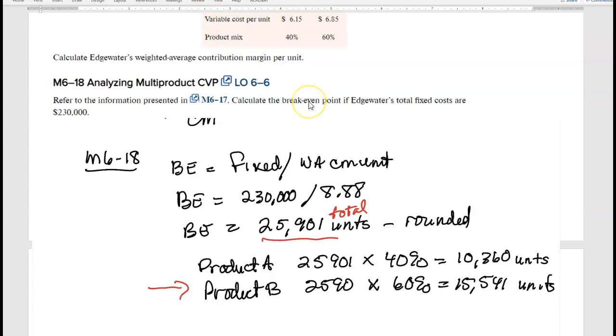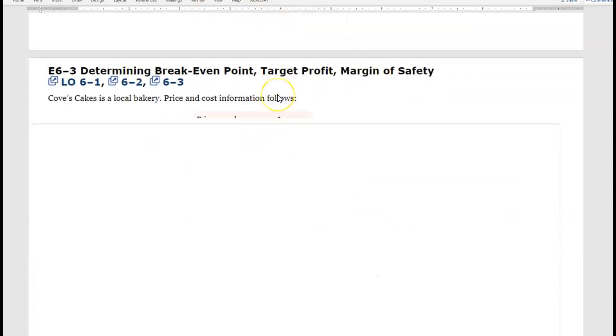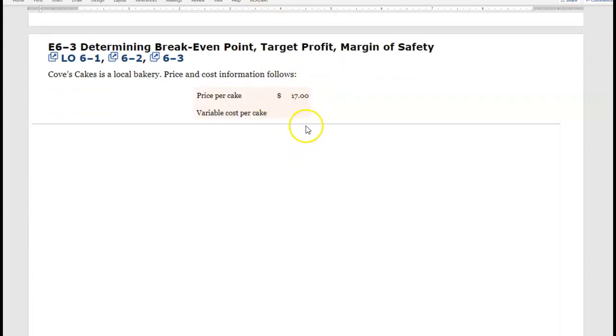Okay. I think I want to do one last example, and that's this one. We've got E6-3.